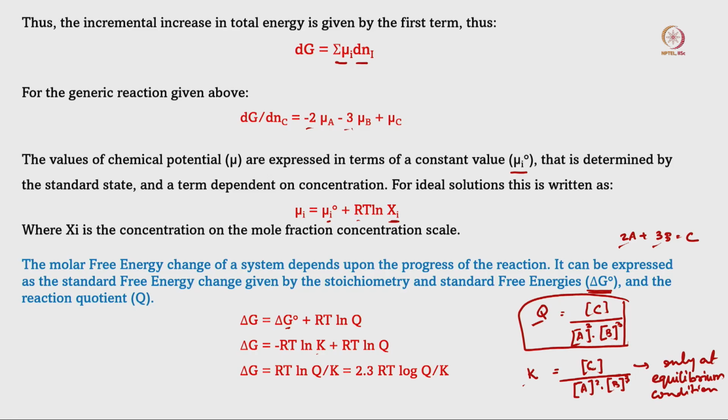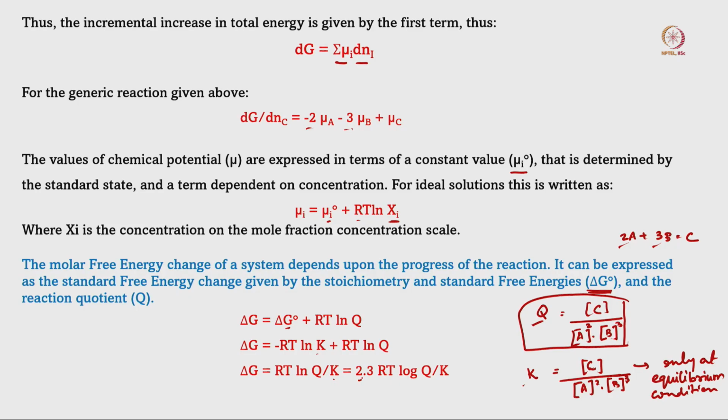So, here we are writing Q. Now, if we rearrange in terms of ln, delta G is equal to RT ln Q by K, because here there is a minus sign, so K comes into the denominator. Now, if we move from ln to log, you multiply by 2.3.